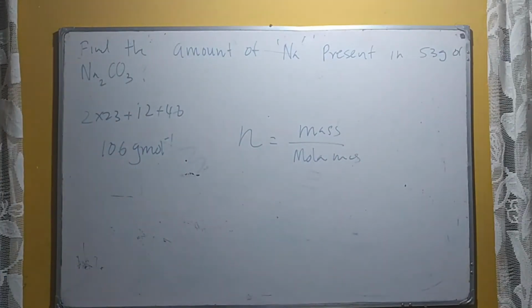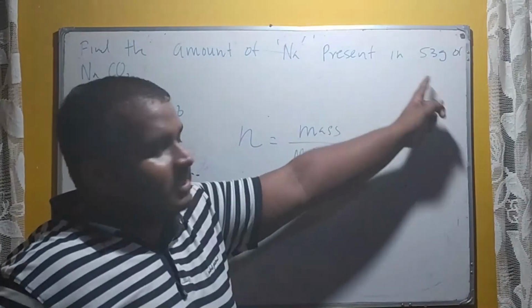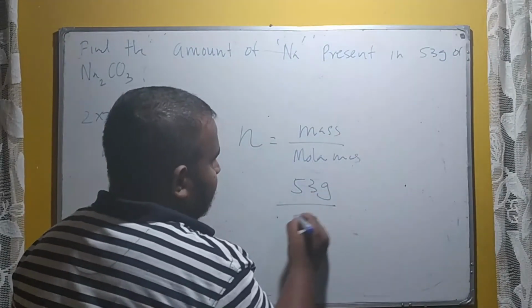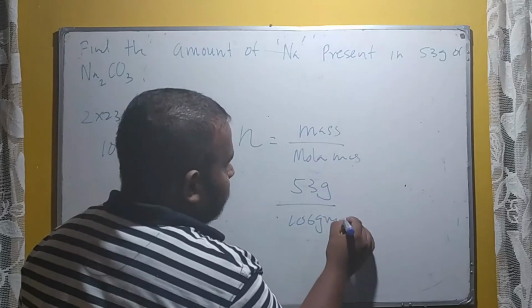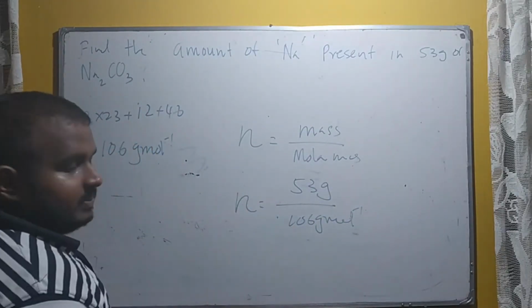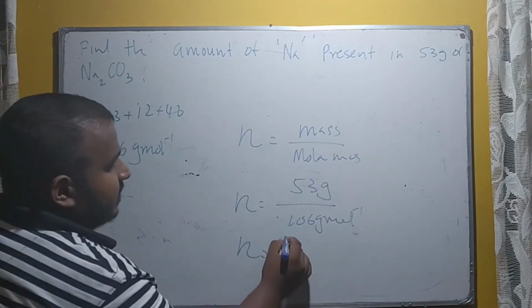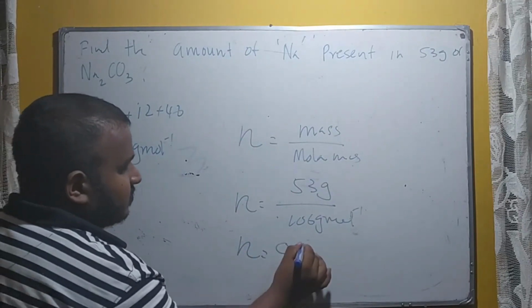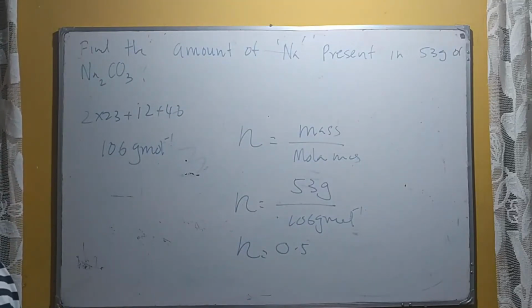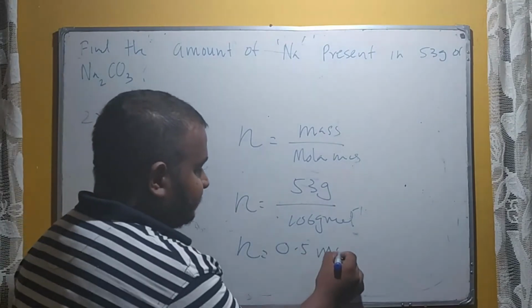The given mass here is 53, and the molar mass is 106 gram per mole. So the number of moles will be half. Half a mole is present.